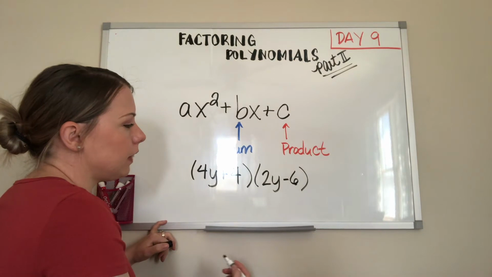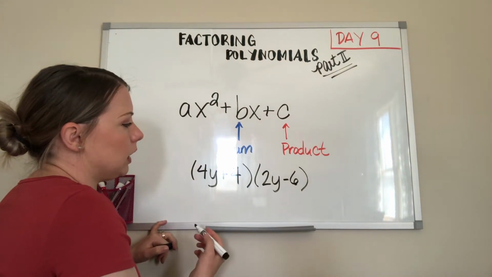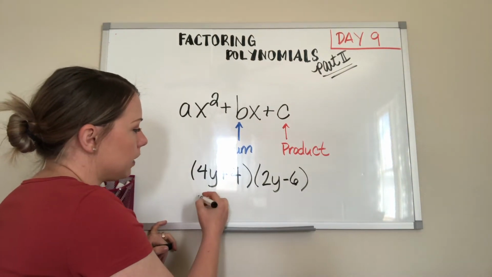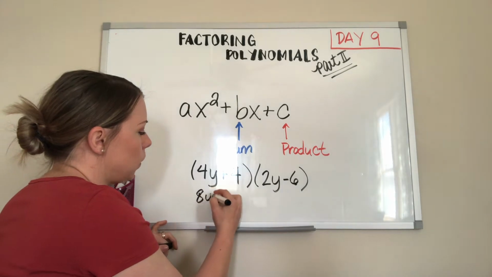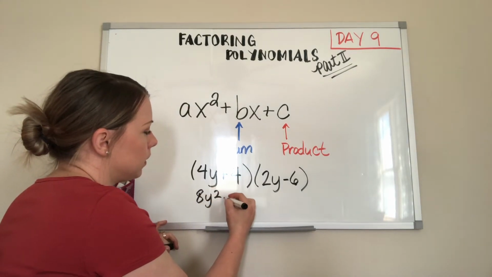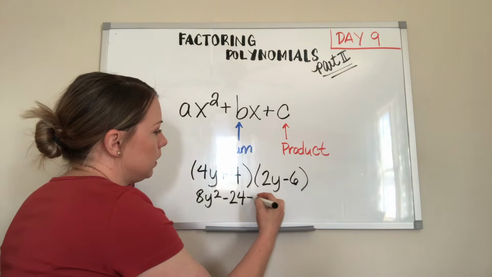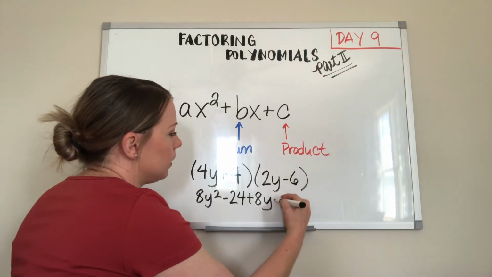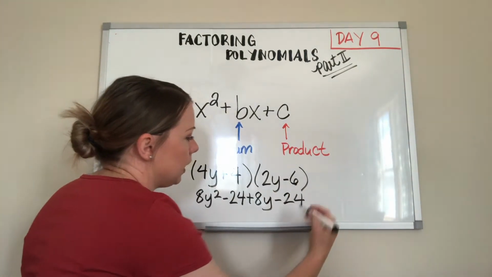All right, so if I have these 2 binomials and I multiply them together, I would get 8y squared minus 24 plus 8y minus 24 again.